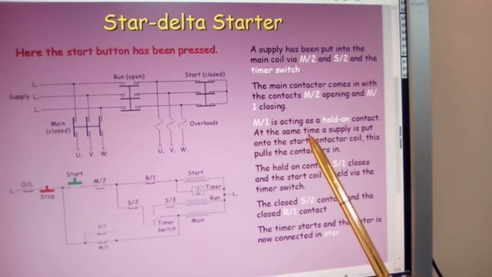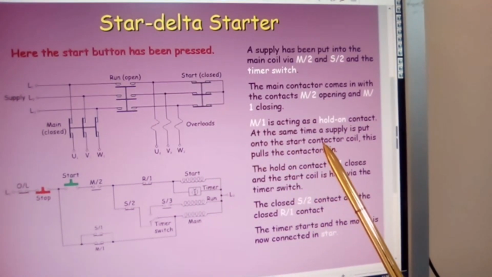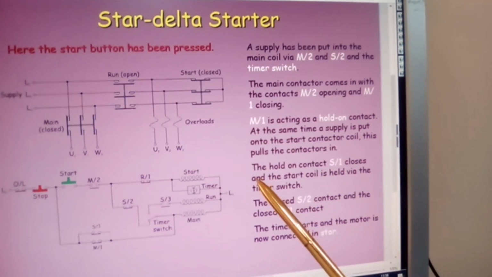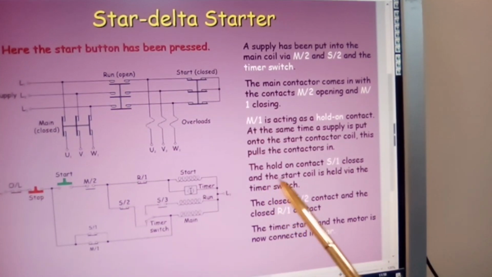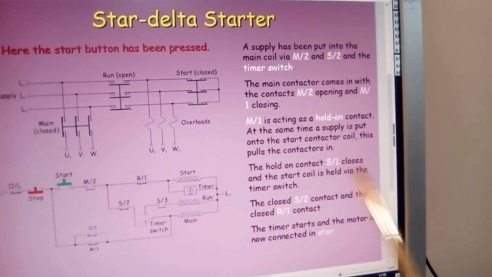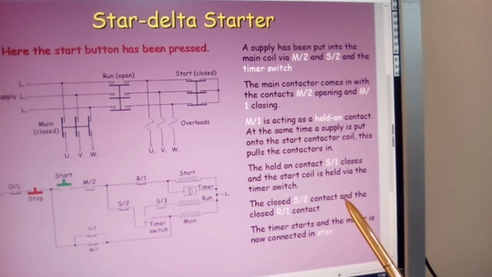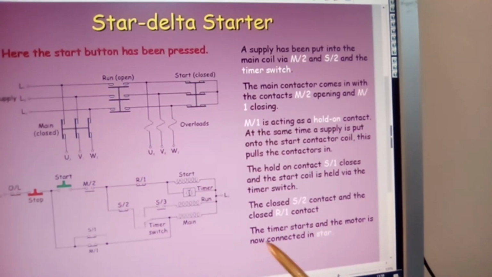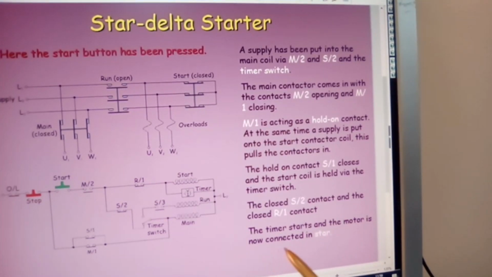At the same time, a supply is put onto the start contactor coil. This pulls the contactors in. The hold-on contact S1 closes and the start coil is held via the timer switch, the closed S2 contact and the closed R1 contact. The timer starts and the motor is now connected in star.